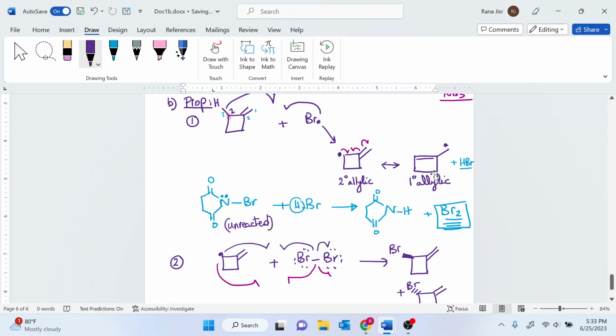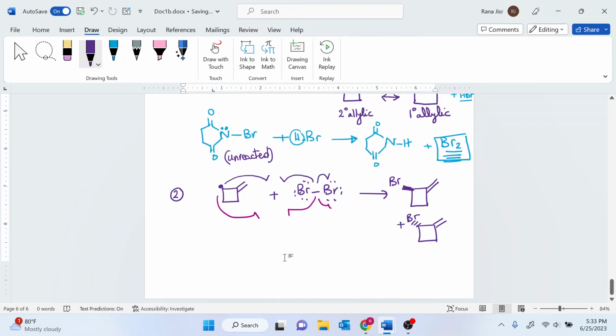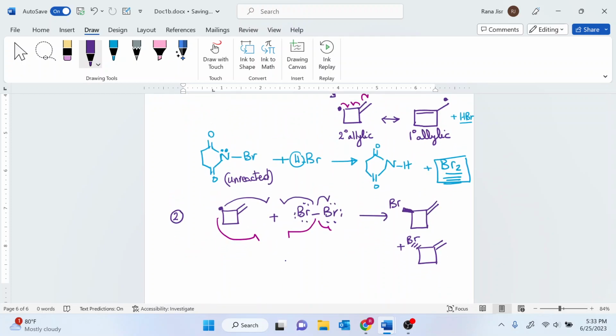Now let's do the primary allylic. We're still in the second step of the propagation. So with the primary allylic now, we're going to do exactly the same thing. Now, the primary allylic is going to form similar to the secondary allylic. The secondary is going to be more stable, but both are going to form and both are going to react with the bromine in the second step to form the product.